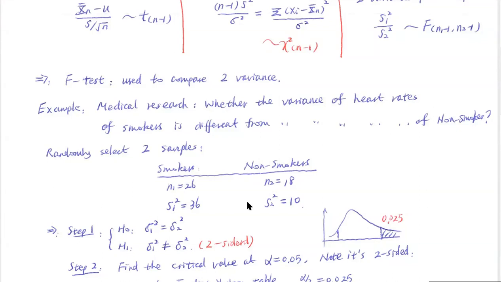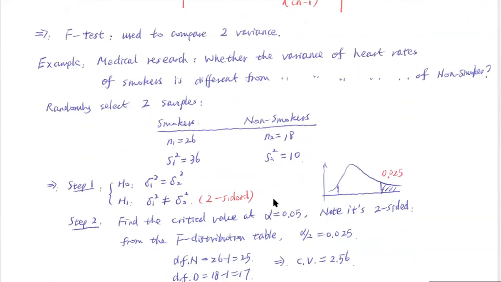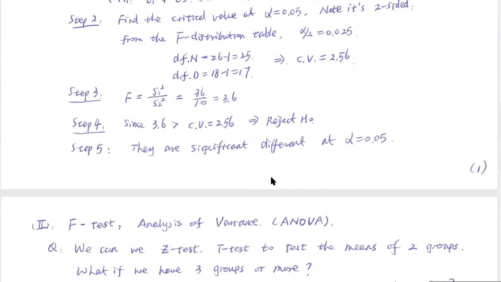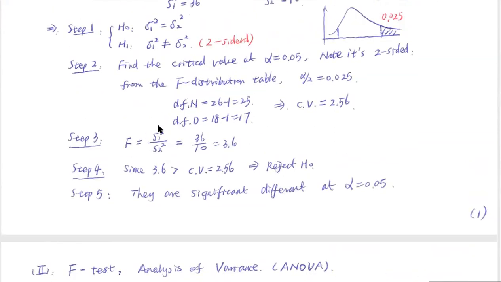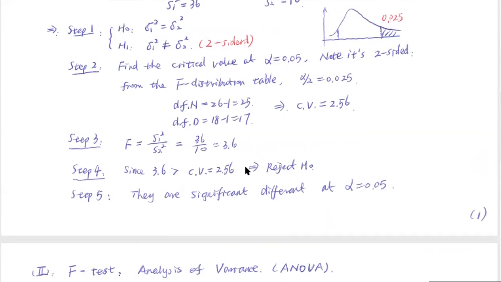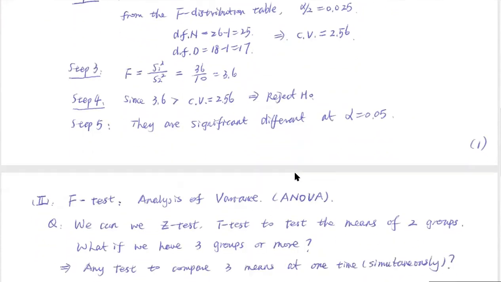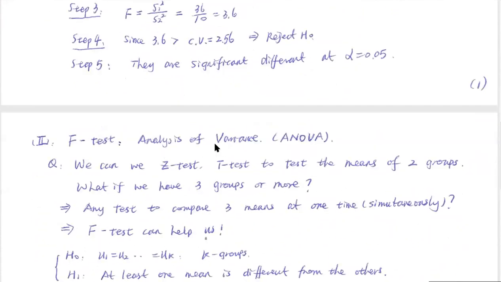That's the idea here. So far, so good. So that's our first application, everybody, in terms of using the F test to compare two sample variances. The second application here, what do we call, everybody? Analysis of variance. This is a very advanced concept.